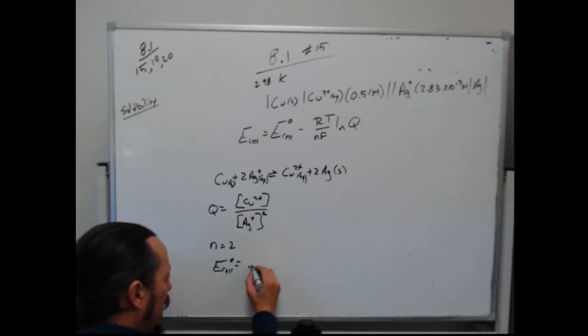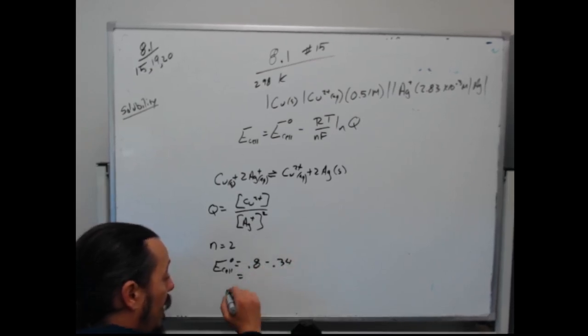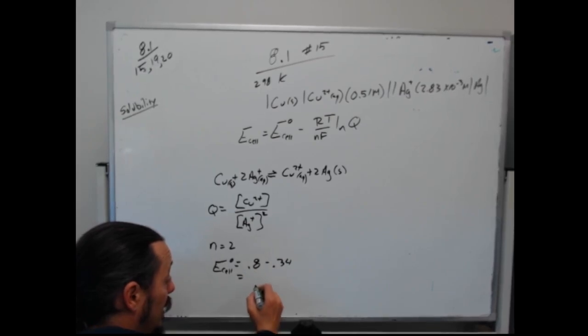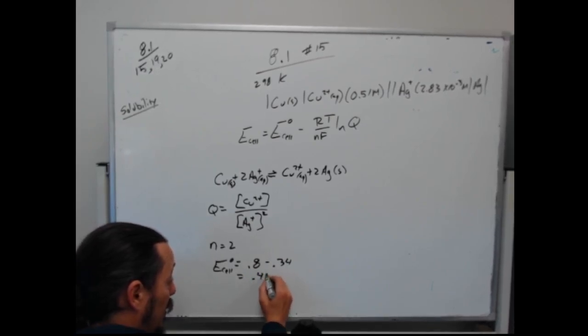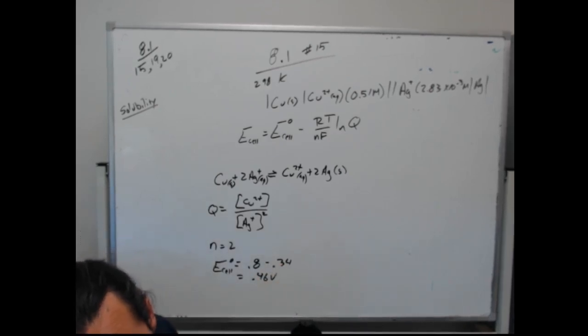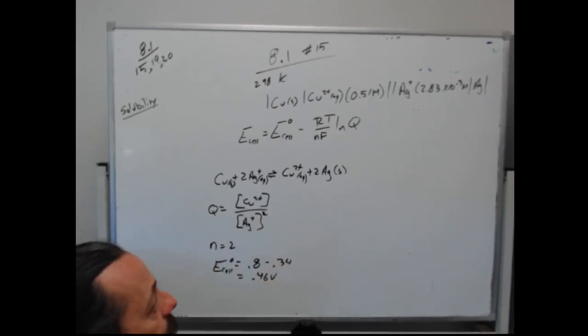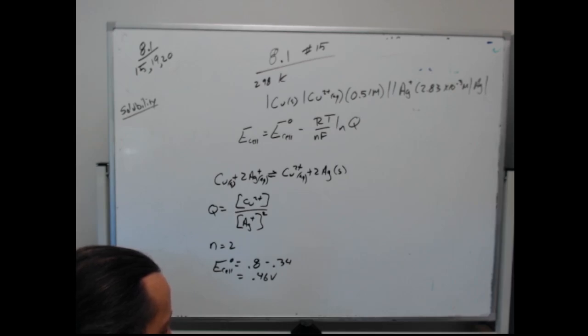That's going to be 0.8 minus 0.34, which is 0.46 volts. I'm going to grab a calculator and double check that. 0.8 minus 0.34, 0.46 volts.